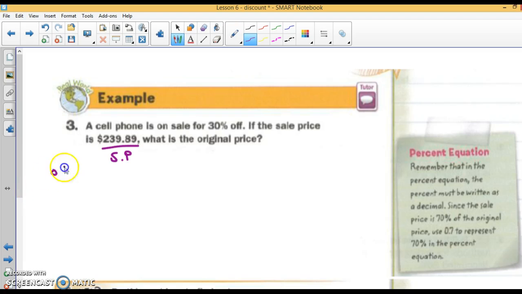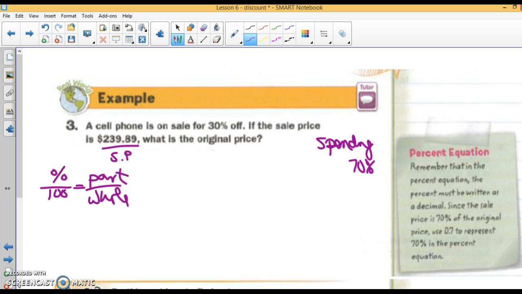Percent proportion, remember, percent over 100 equals part over whole. Now, this is the tricky part. The cell phone is on sale for 30% off. So if you are saving 30%, aren't you spending 70%?